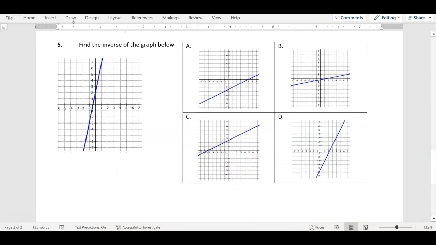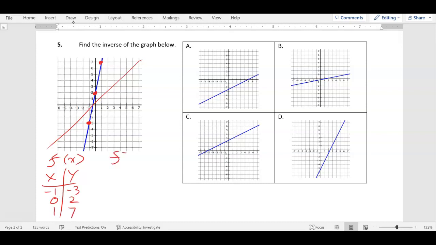Okay. Alright. Find the inverse of the graph below. So remember, the inverse is going to reflect across this diagonal line. So if I can pick some points here, okay, this f of x table is -1, -3, 0, 2, 1, 7.